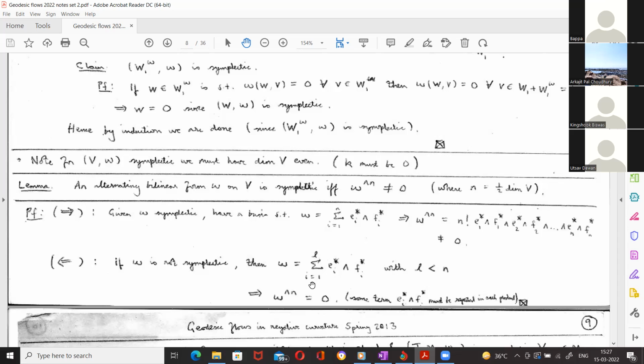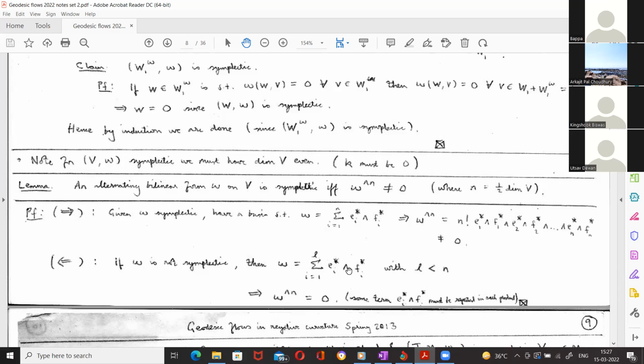So now when I do omega wedge power n, then what will happen? I'll have n brackets. From each bracket, I have to choose one out of l terms. So l is less than n. By the pigeonhole principle, some ei star wedge fi star will be repeated in each product of n terms, right?